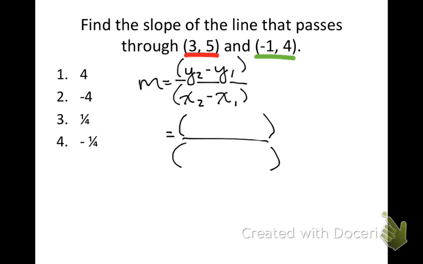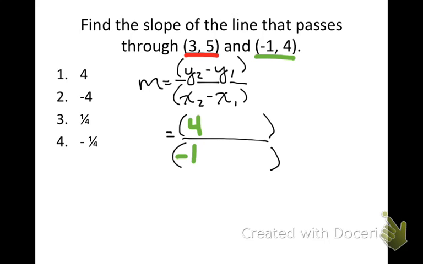So let's go ahead and do y2 and x2. You'll notice that for y2 and x2, I've gone ahead and just used -1 and 4. So I'll go ahead and put -1. That's the x value. X is always going in the bottom. Y is always going in the top. So y is in the top, x is in the bottom. Good.